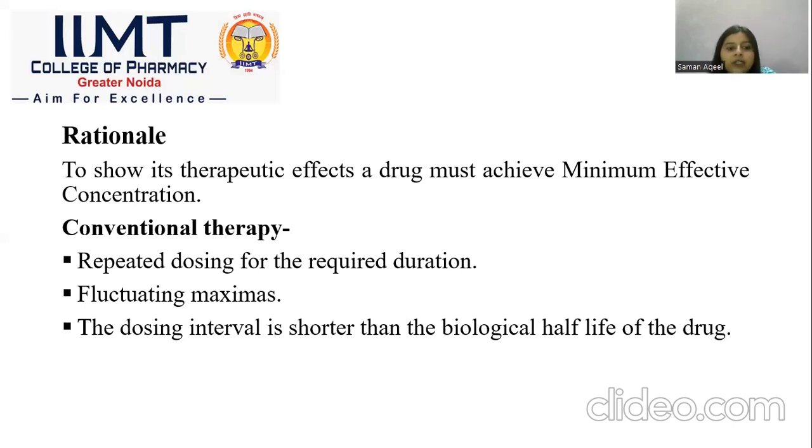Second is the fluctuating maxima, that is, the level of the drug was not maintained in the plasma. It was sometimes higher, sometimes lower. And next, the dosing interval is shorter than the biological half-life of the drug. That means 50% of the drug was not able to be excreted from the body, and before that we were giving the next dosage form.